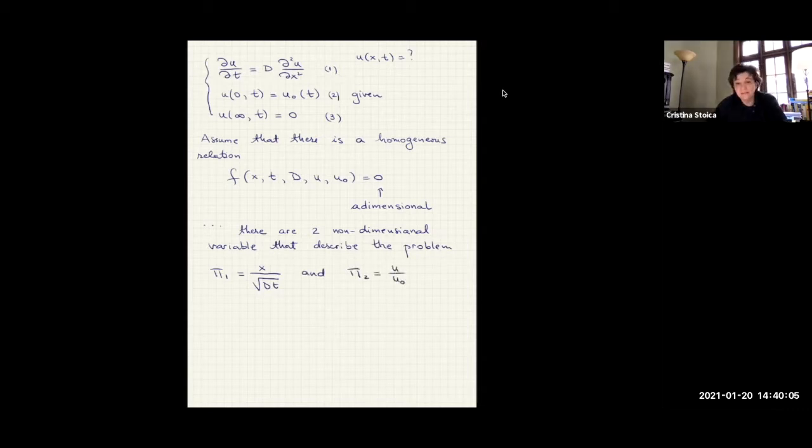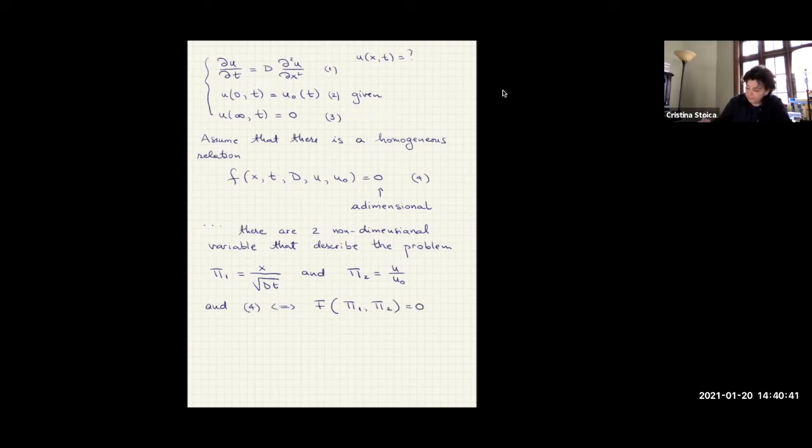Now you can already see that u over u naught, it's velocity over velocity, so the dimensions are gone, right? So now let's call this equation 4, which is equivalent to some equation of the form f in pi 1, pi 2 equals 0, okay?